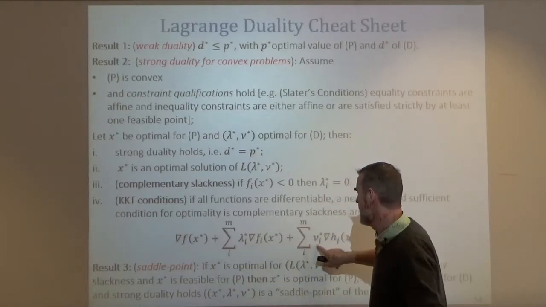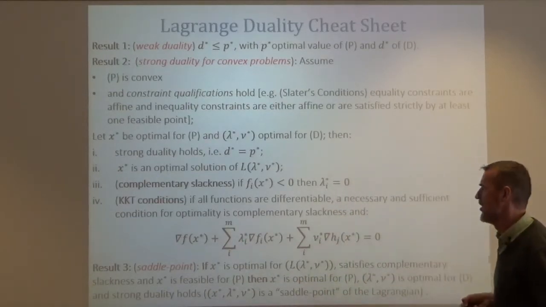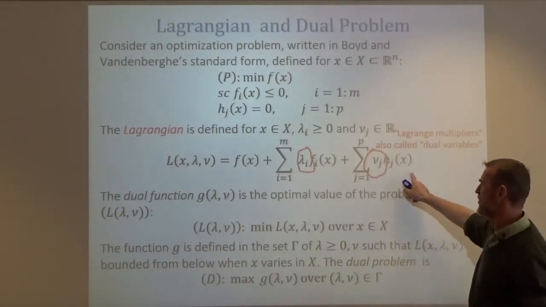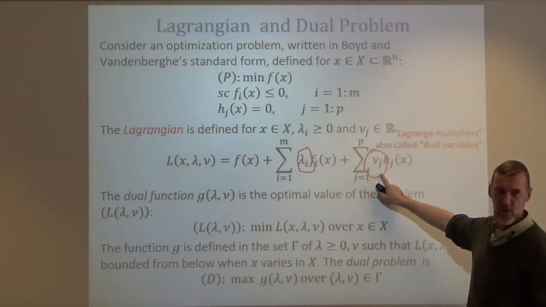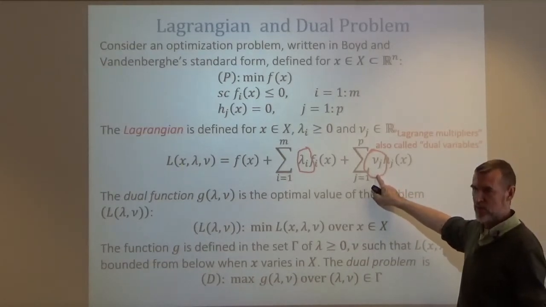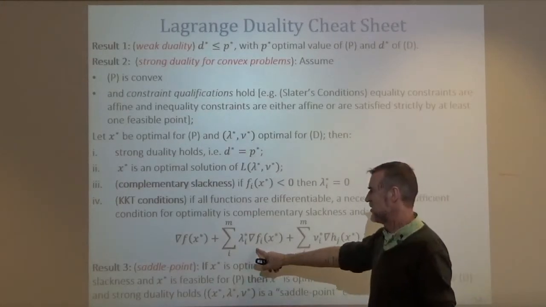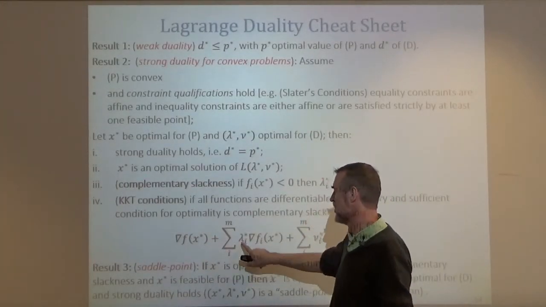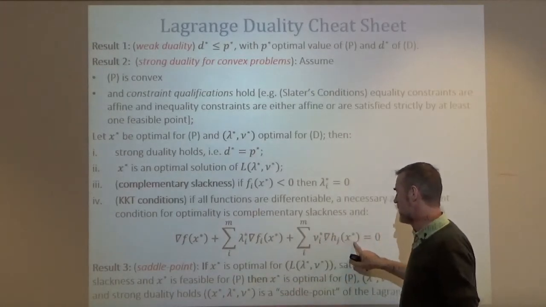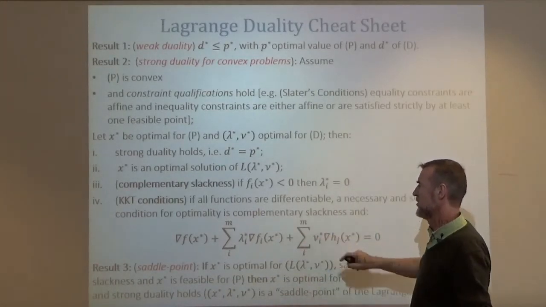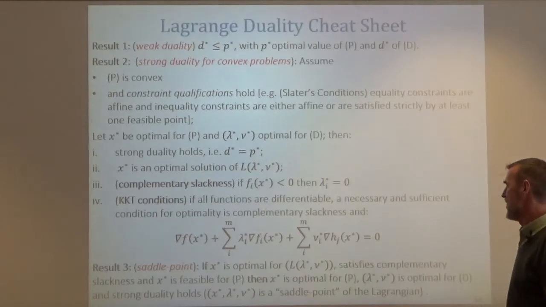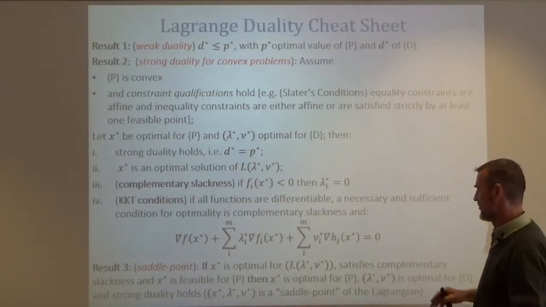This is simply saying that we're trying to find the optimum of this. So I take the gradient with respect to x. Right? So the gradient with respect to x is this, the gradient of the objective function, plus something that involves the gradients of the constraints. And we're saying that at the optimal, this must be true.